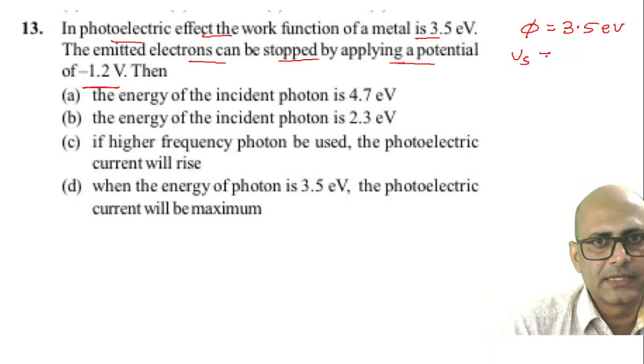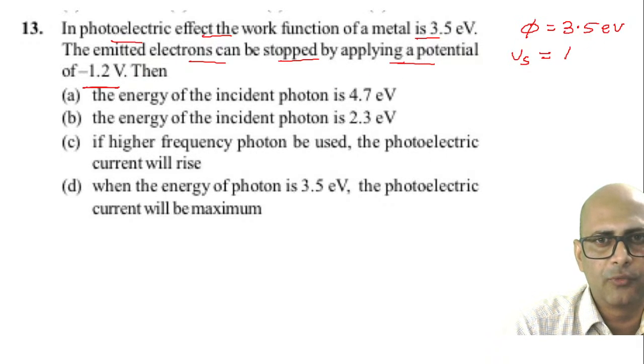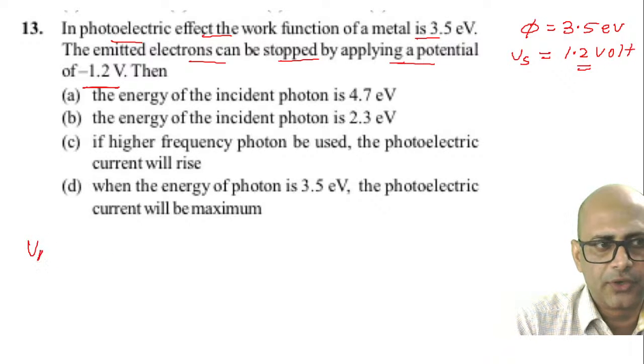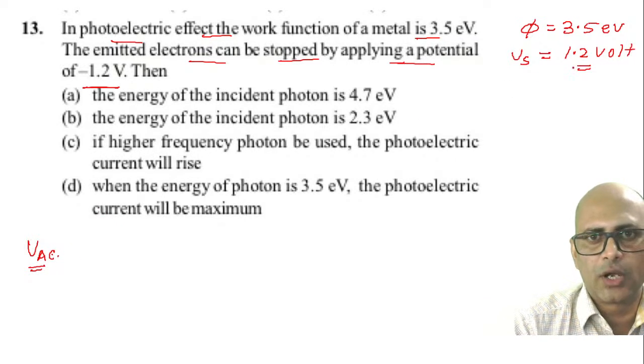So the stopping potential is already given as negative. If we take the negative out, it will be 1.2 volt. Negative means it is the voltage of the anode with respect to the cathode. So we take the magnitude value, and it is 1.2.